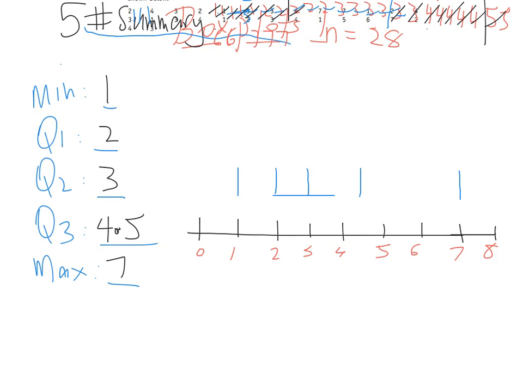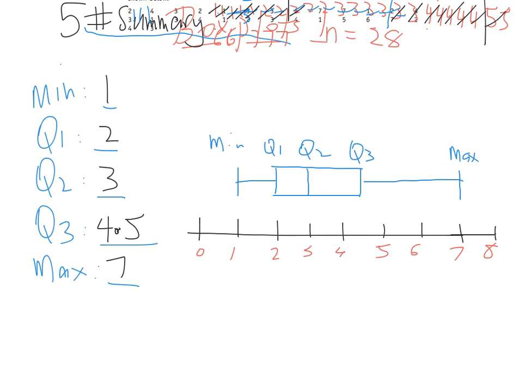So we're going to line those up there. That's where our box is. And now from Q3 to the maximum, and from the minimum to Q1, that's where our whiskers are. So these are the whisker parts. So basically, when we see one of these, we have the minimum, we have Q1, we have Q2, Q3, and the maximum.